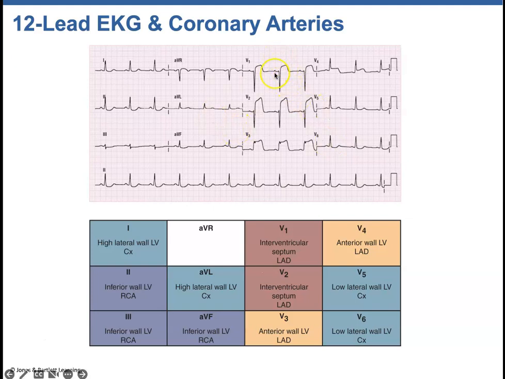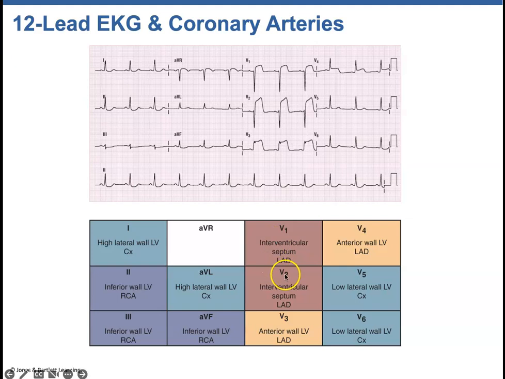So when you look at your V1, V2, V3, and V4, now let's take a look. V1 and V2 are going to give you information about the left anterior descending, and that feeds directly into what's called the interventricular septum. This is that thick muscle that is between the left and the right ventricle. And why we care about this is because through here, the left anterior descending is going to be feeding a lot of that left ventricle, and it's also where the cardiac conduction system is taking the message down to the bottom of the ventricles so that they will contract and be able to provide the blood for the systemic and pulmonary circulation.